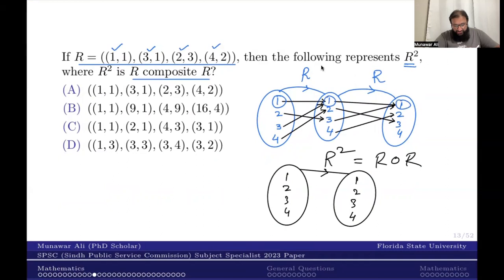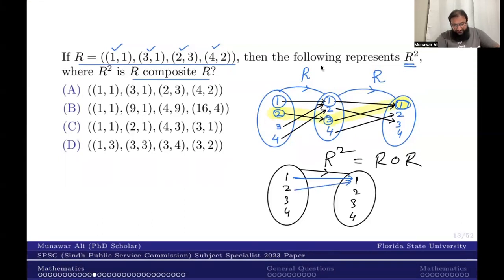So in R2, we will be having 1 goes to 1. And you can see 2 goes to 3 and then 3 goes to 1. It means the initial entry is 2 and the final one is 1. So it means 2 goes to 1.